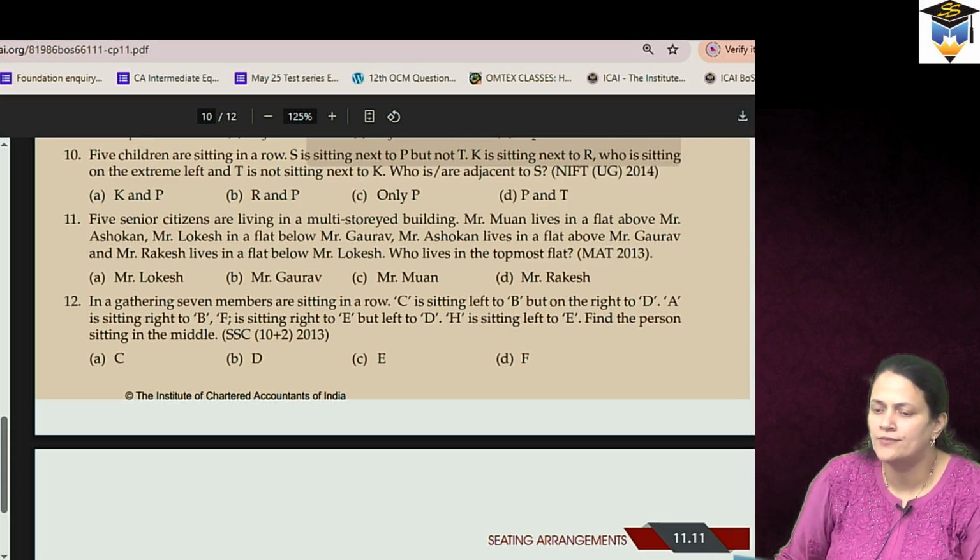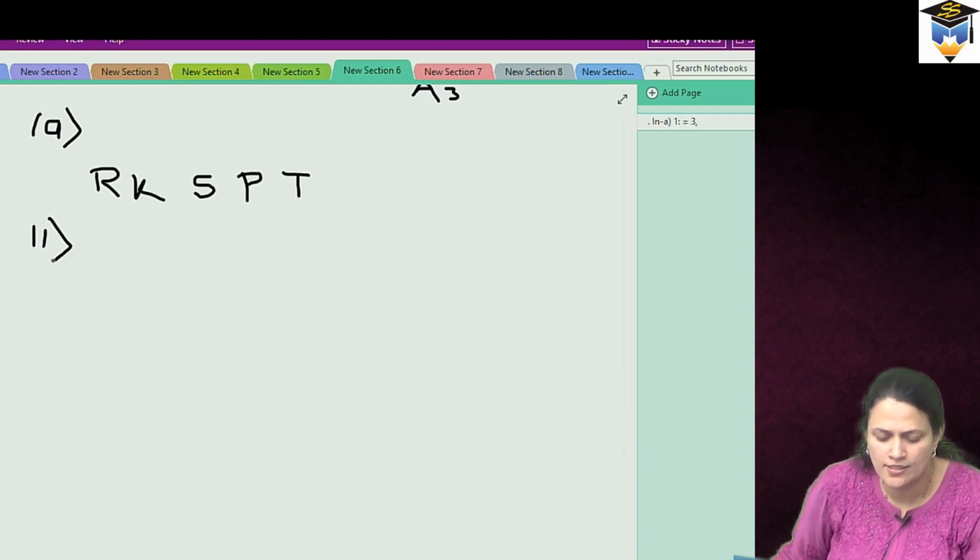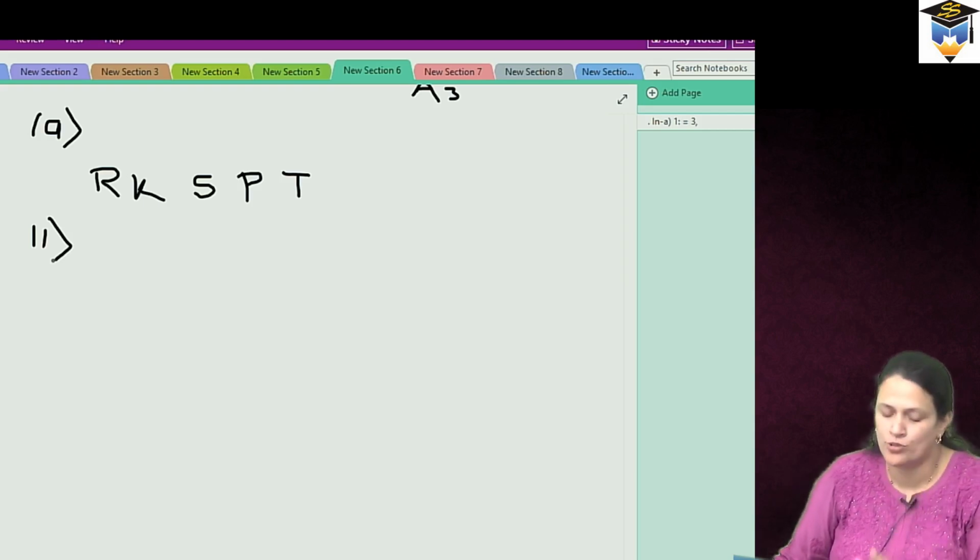Now the 11th one. Five senior citizens are living in a multi-storied building. Mr. Mohan lives in a flat above Ashokan. Mr. Lokesh lives in a flat below Gaurav. Mr. Ashokan lives in a flat below Mr. Gaurav and Mr. Rakesh lives in a flat below Lokesh. Who lives in the topmost flat?